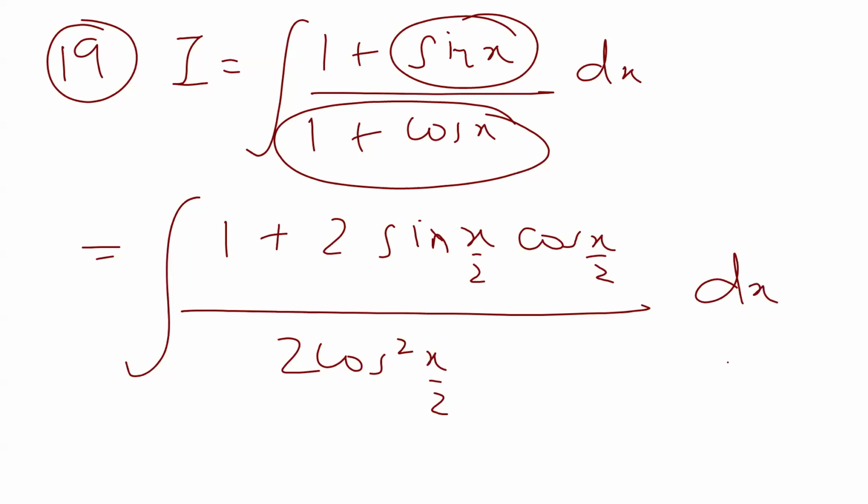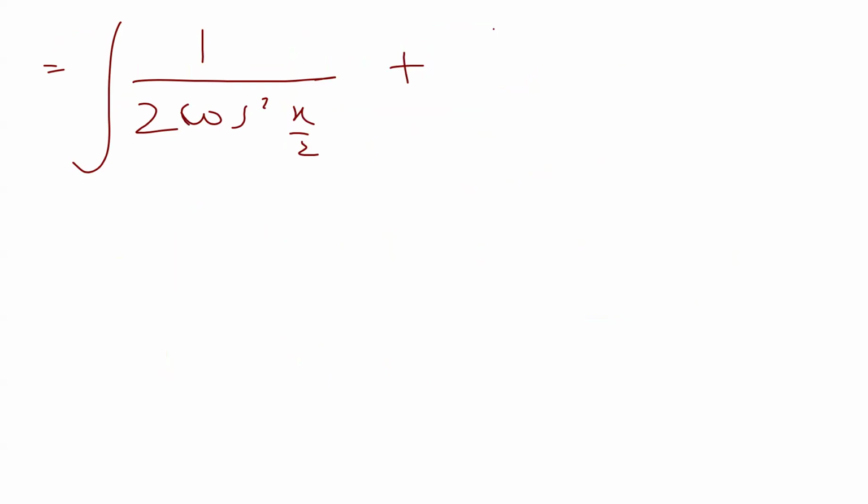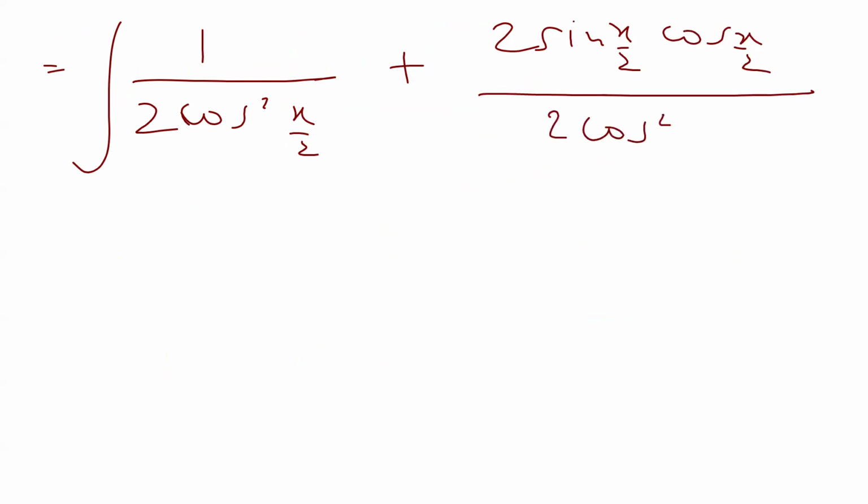So here and here I have applied half angle. Now we are going to split because there is a plus sign in between. So 1 upon 2 cos square x by 2 plus 2 sin x by 2 cos x by 2 upon 2 cos square x by 2.